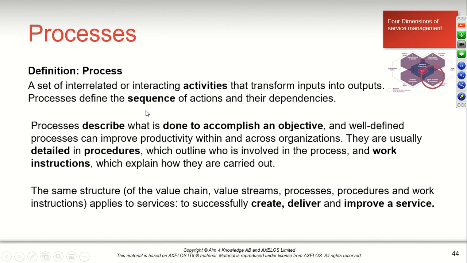So what is a process? A process is regarded as a set of interrelated or interacting activities. So under your value stream, which is a combination of activities, you can also group the activities into what is called a process or processes. Processes define the sequence of actions and the dependencies. A process describes what is done to achieve a particular objective.